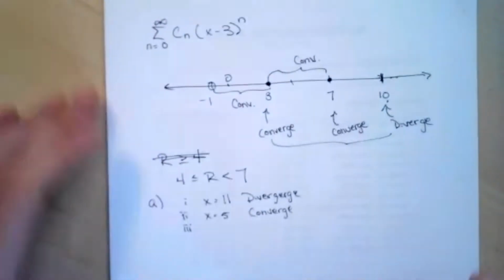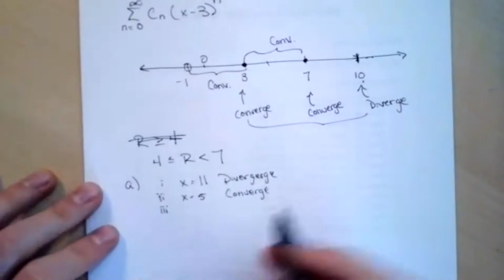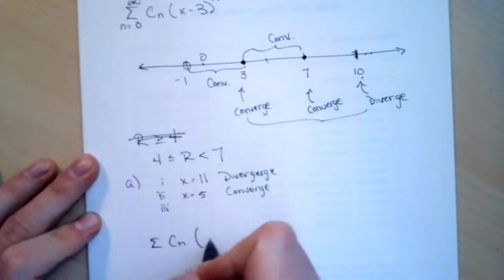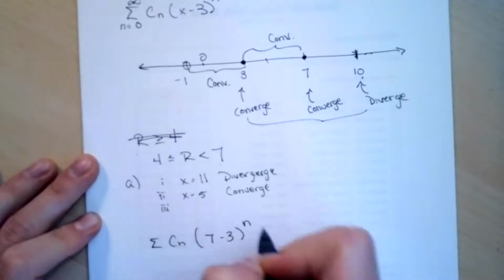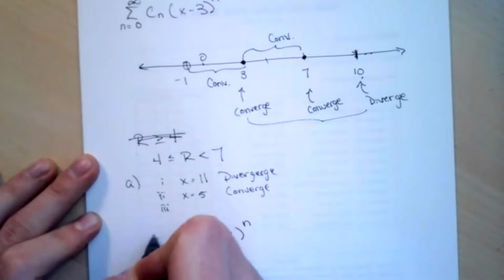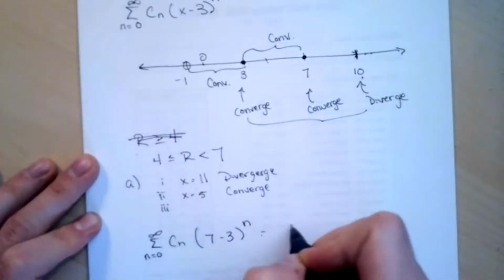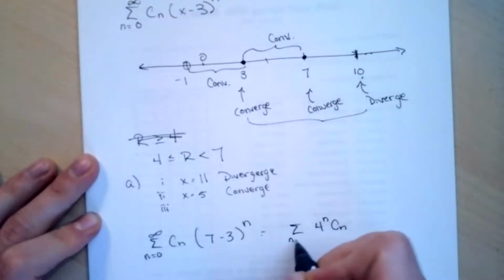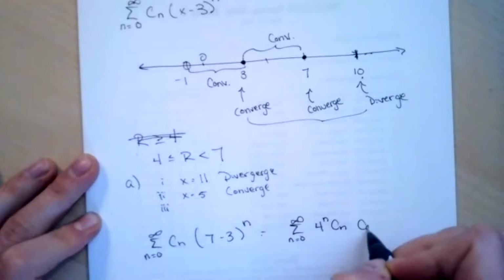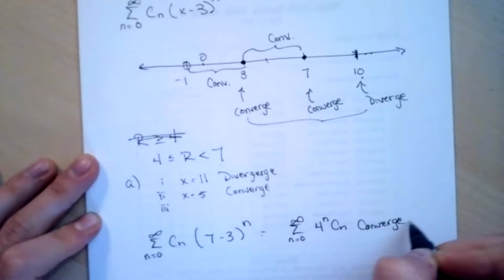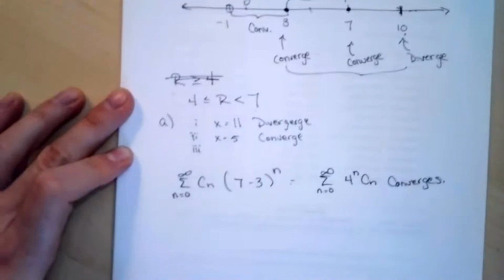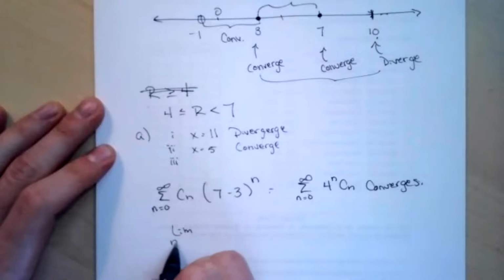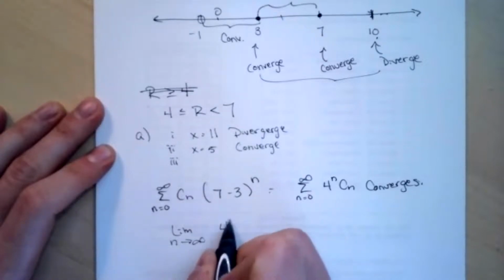So if you want to get into the technicals a little bit, I know we converge at 7. So that's Cn times (7 minus 3) to the n converges, meaning this sequence converges. In other words, if it converges, we know it has to pass the divergence test.